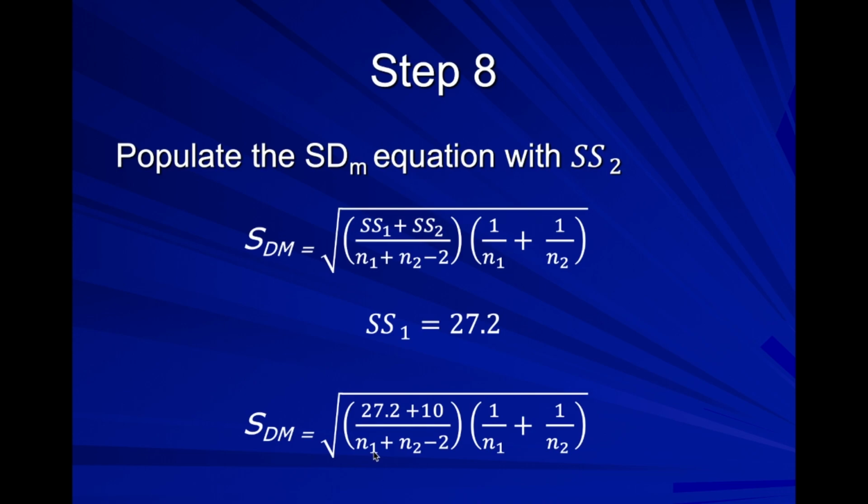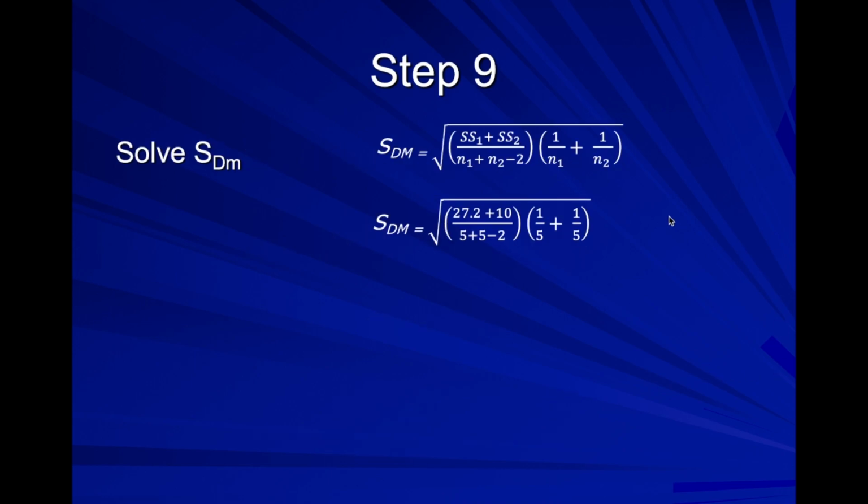The sample size is 5 for group 1, 5 for group 2, subtracted by 2. And then you do the same over here, 5 and 5.